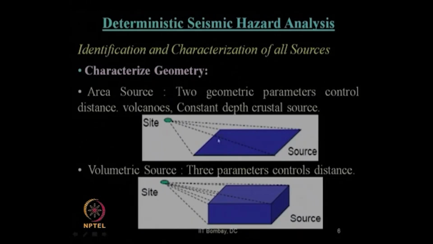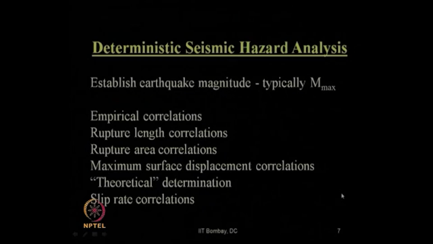In that case, if we have an x, y, z axis system, we require x and y to identify the source. And another is called a volumetric source, where we require all the three parameters, that is x coordinate, y coordinate and z coordinate of a source from the site to identify the source. So, those are the different types of sources by which we need to characterize them.